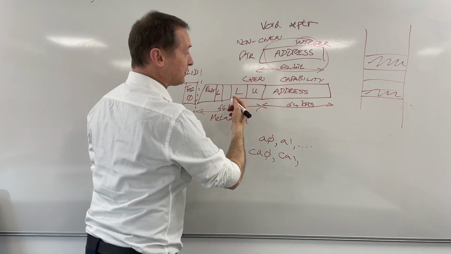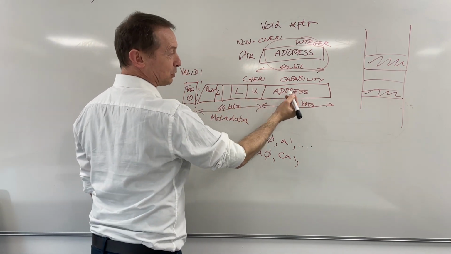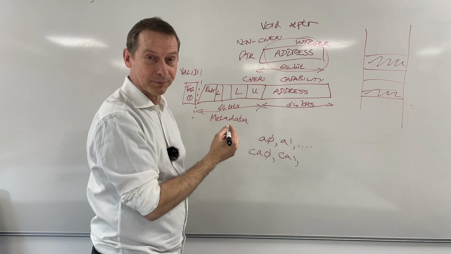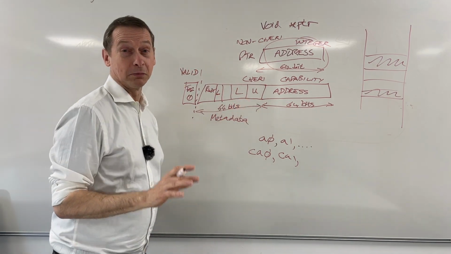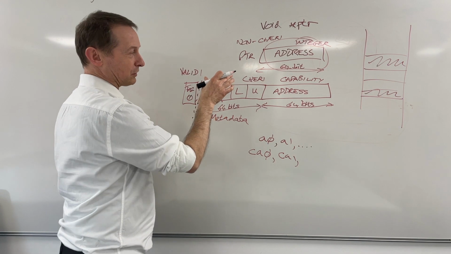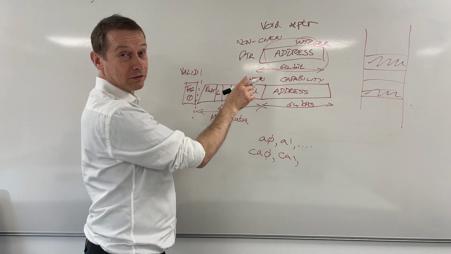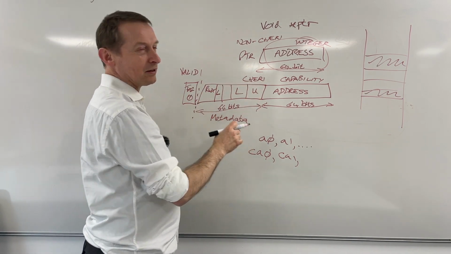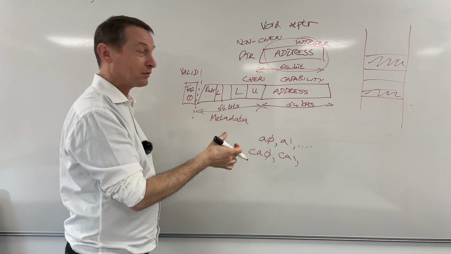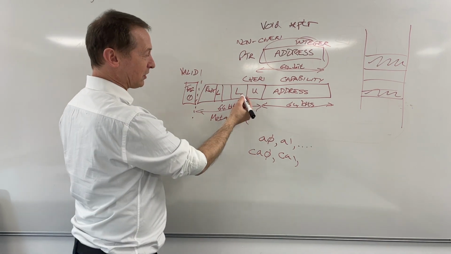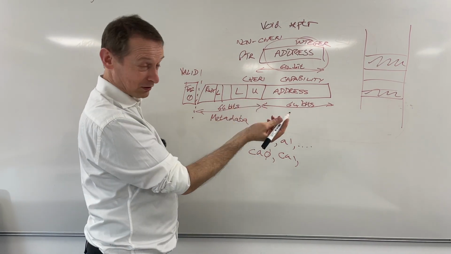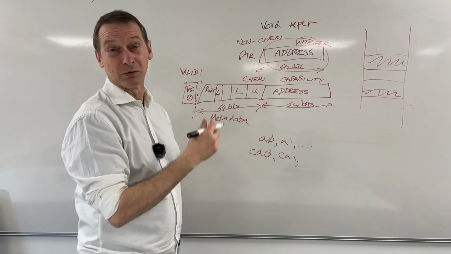So in our C program, we replace pointers with capabilities. Now, we have a number of rules for capabilities. We can only ever derive a capability from another capability, but it has to have fewer rights or permissions. So the bounds must be less or equal, and the permissions must be equal or less.